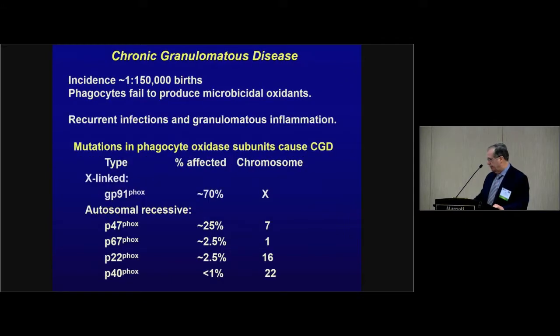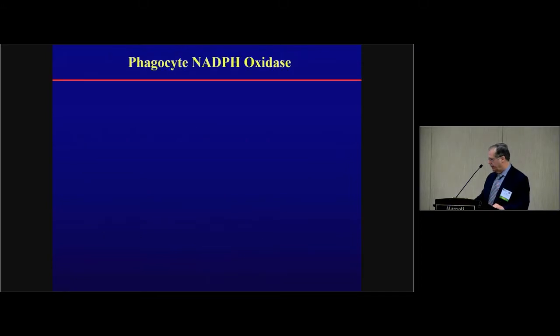Just to remind you what CGD is, it's a defect in the phagocyte oxidase. Patients get recurrent infections and granulomatous inflammation. There are 5 forms of this. And today I'll mostly talk about the X-linked form, but there's also a common autosomal recessive form that I'll be referring to early in the talk and then move on from there.